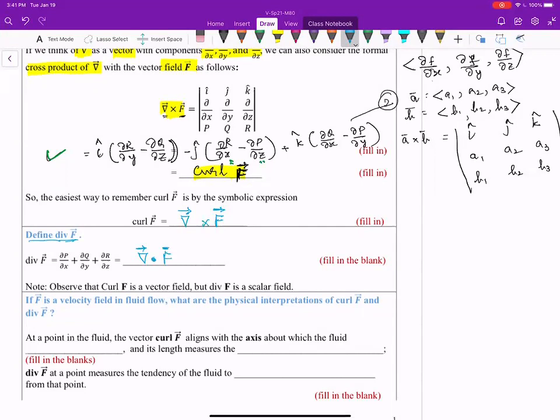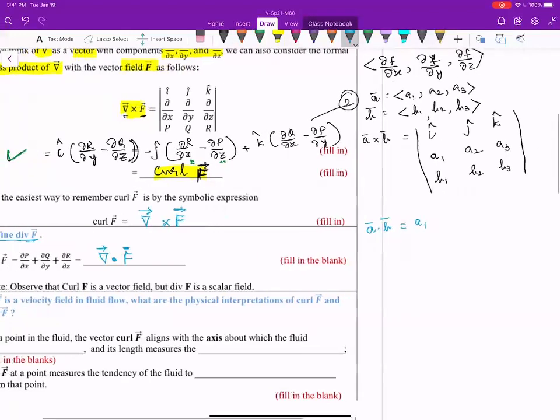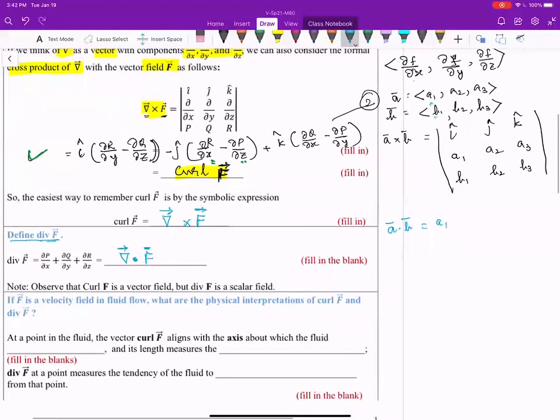To show that, if you take the dot product of two vectors, you multiply the corresponding components and add: a1 b1 plus a2 b2 plus a3 b3, where a1, a2, a3 are the components of the first vector a, and b1, b2, b3 are the components of the second vector b.